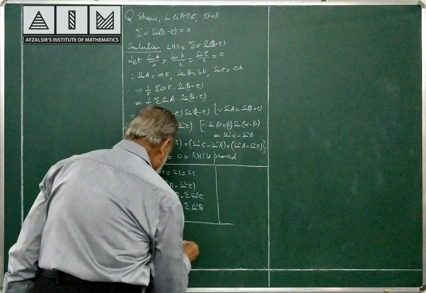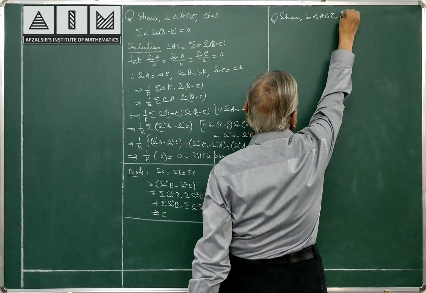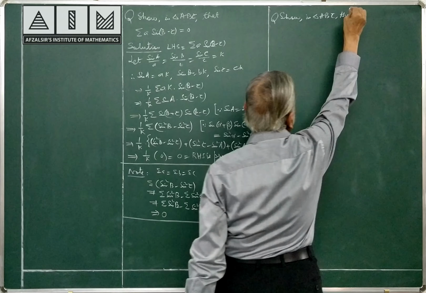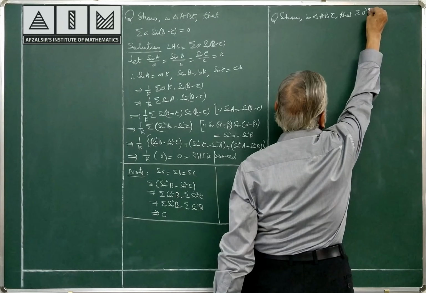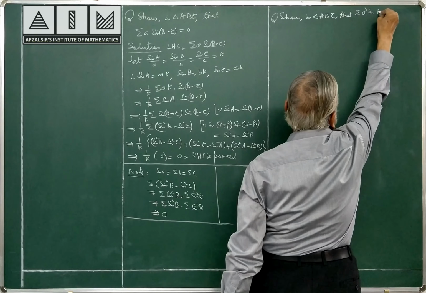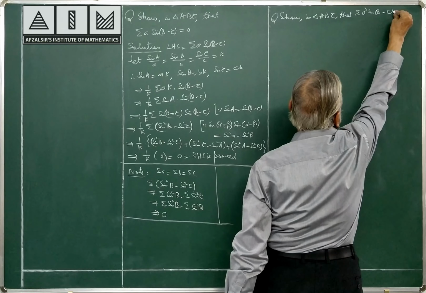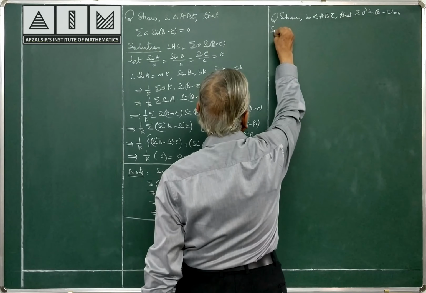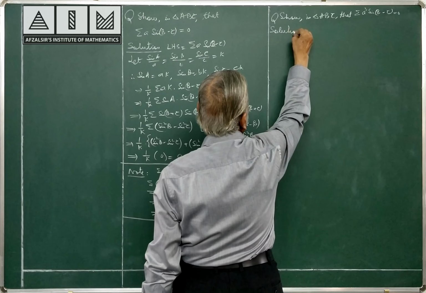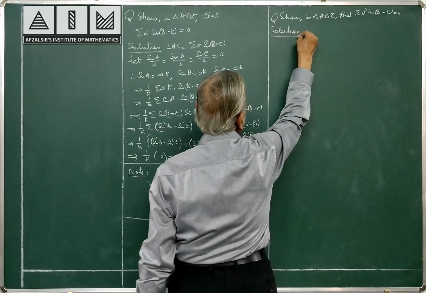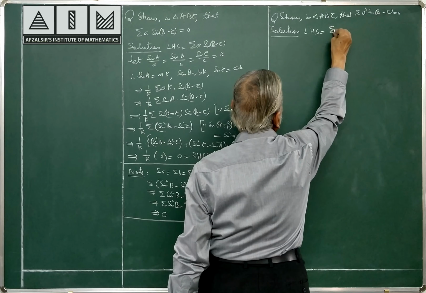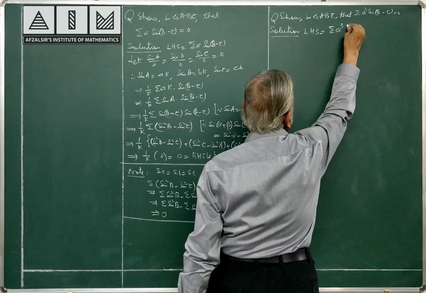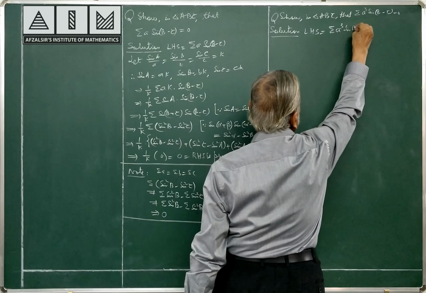Proceeding to the next question. Show in triangle ABC that sigma a cube sin(b minus c) is equal to 0. Left hand side is sigma a cube sin(b minus c).